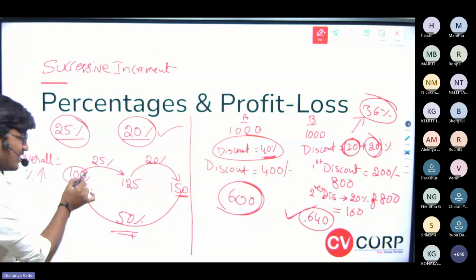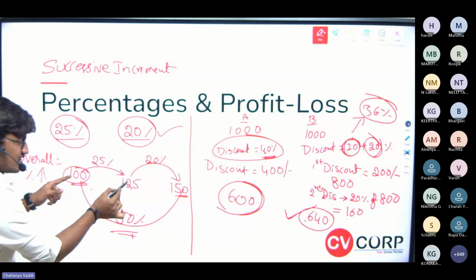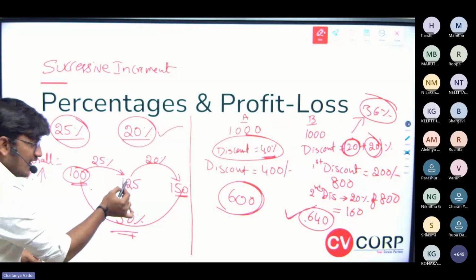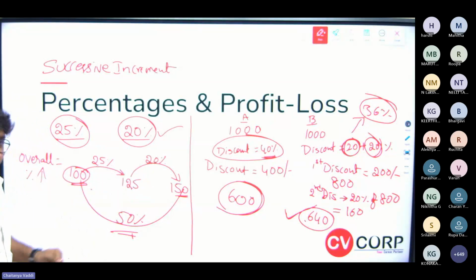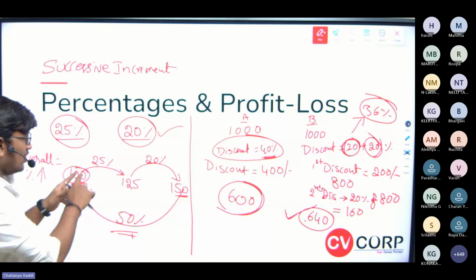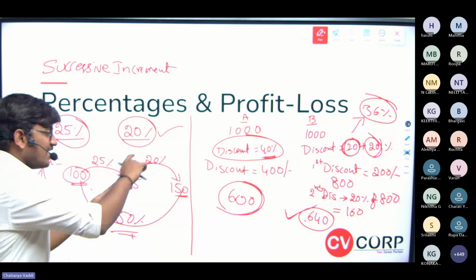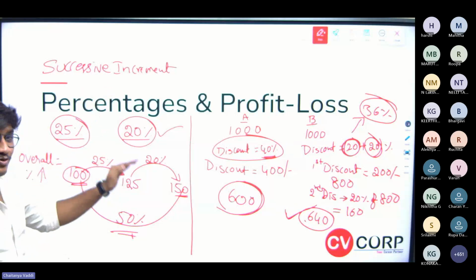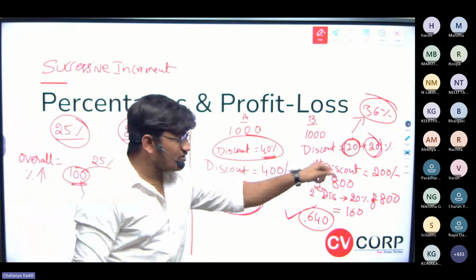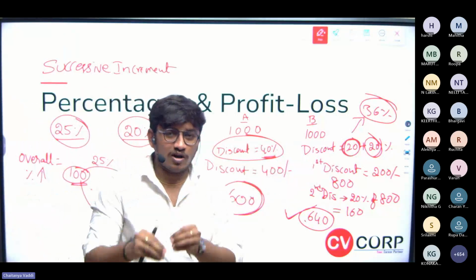Initially I consider it as 100. First, it increased by 25%. Again, a 20% increase is applied on 125. So first a 25% increase and second a 20% increase, which we call successive increment. Now, when you observe discount, discount is all about removing.